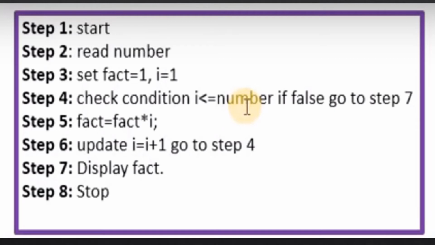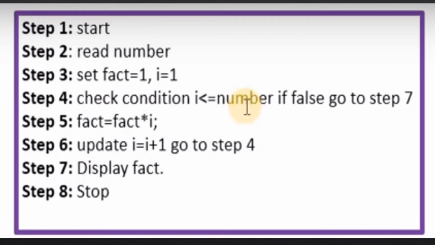The condition is now, i equals 2, so is 2 less than or equal to number? Our number is 5, which we have randomly chosen. So i is 2 now, and 2 is less than or equal to 5. Is it true? Yes.